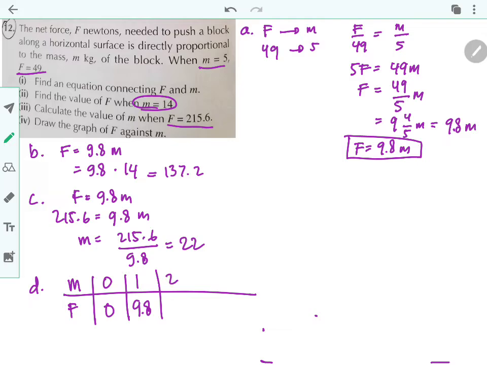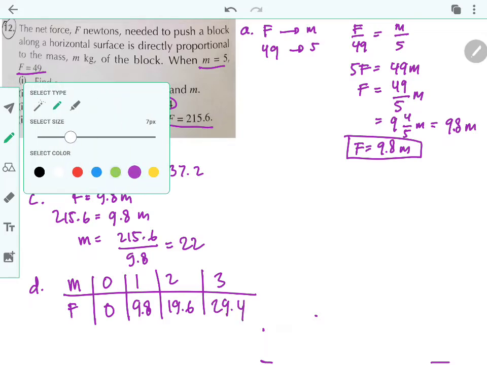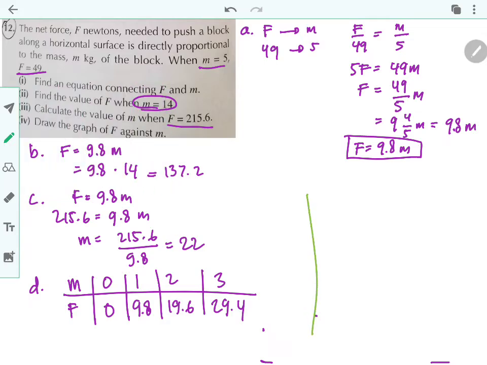So when it's 2, it becomes 19.6, and when it's 3, it's equal to 29.4. Okay, so what we need to do here is just try to draw that. Okay, oh man, it's a bad straight line. Okay, it's still not straight, but I think it's better.